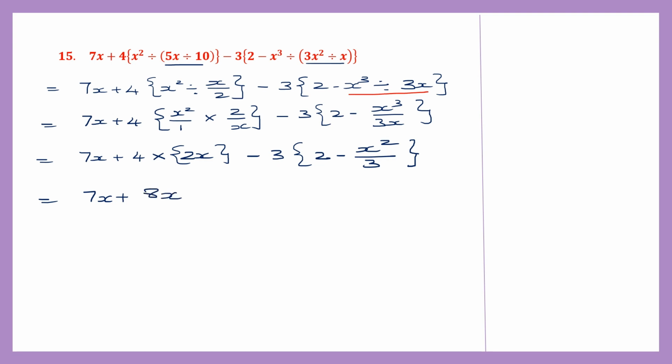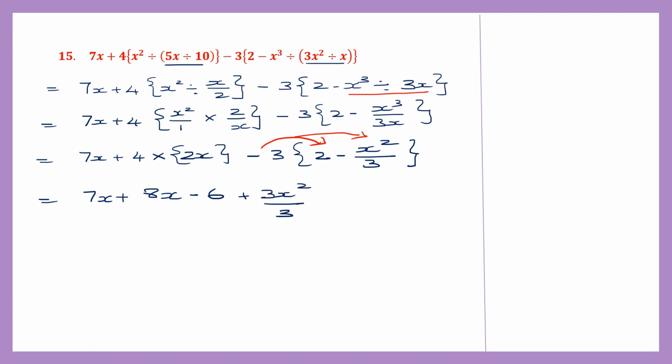Now here what do we do? We multiply minus 3 into each term inside. So first let's multiply minus 3 into 2. So minus 3 into 2 is minus 6. So this is minus 6. Now we multiply that into this. So minus into minus is plus. Then 3 into x square is 3x square by 3.